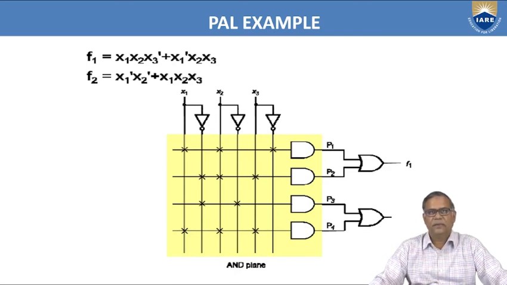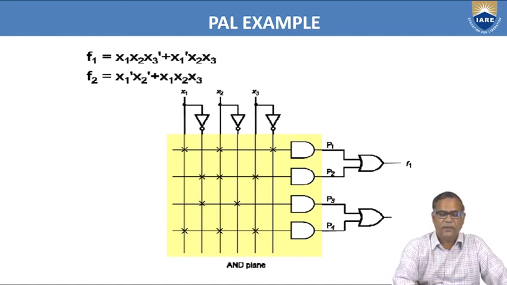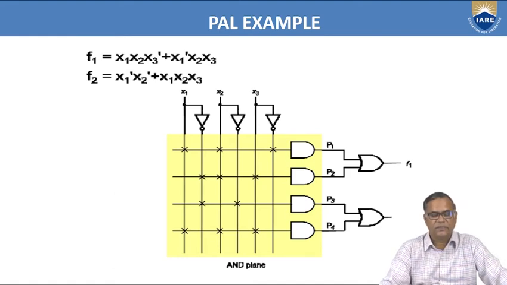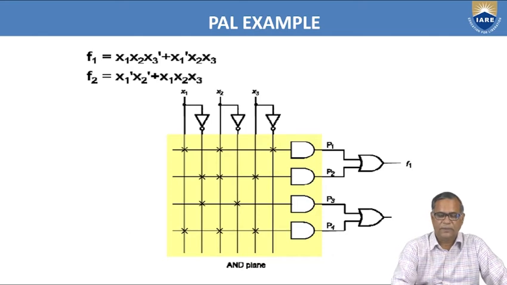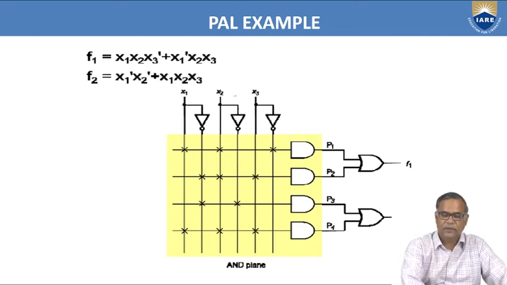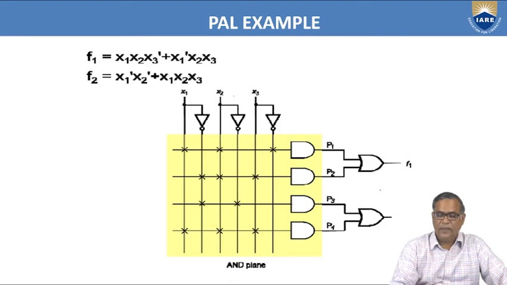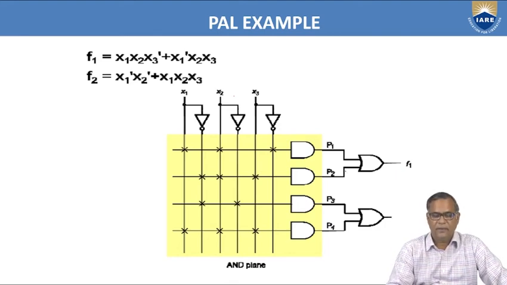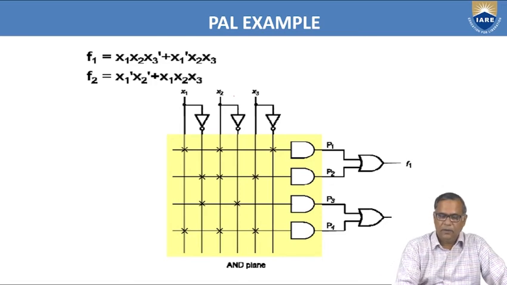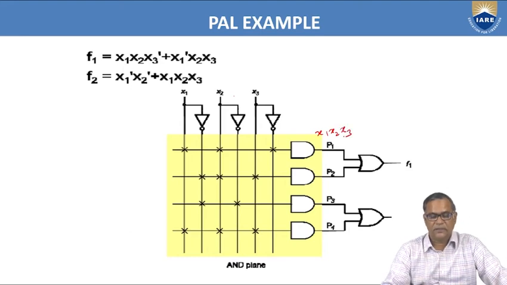Now let us realize two functions using PAL. Here F1 is equal to x1 x2 x3 bar plus x1 x2 bar x3, and F2 is equal to x1 x2 bar plus x1 x2 x3. In a PAL you have a fixed OR array but a programmable AND array. So this will give x1, x2 and x3, that is available here.